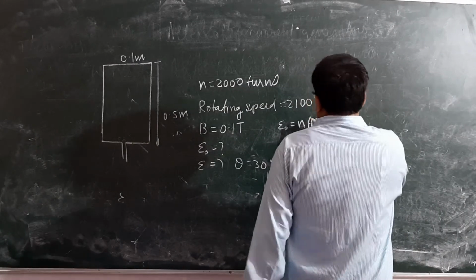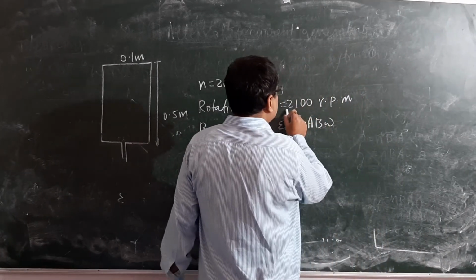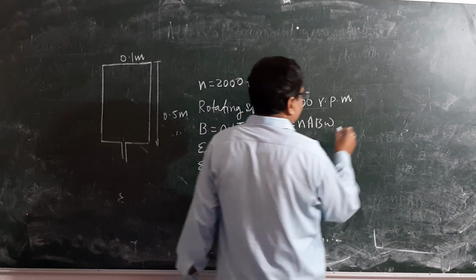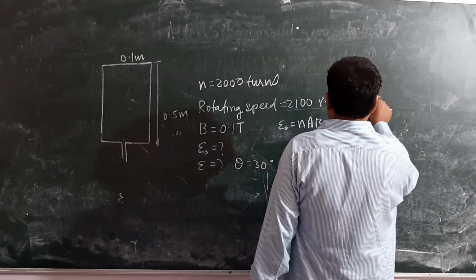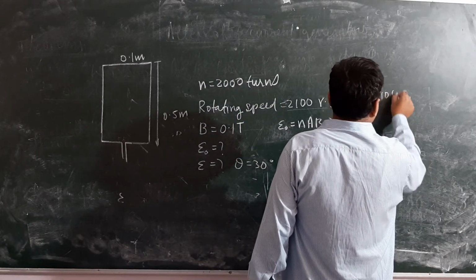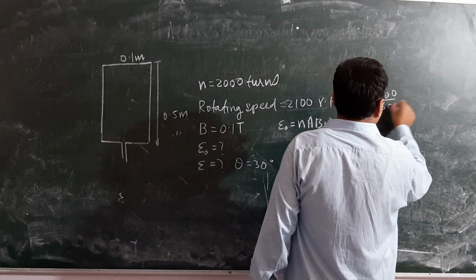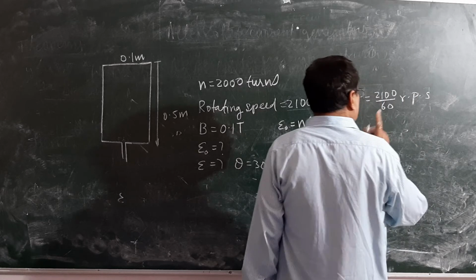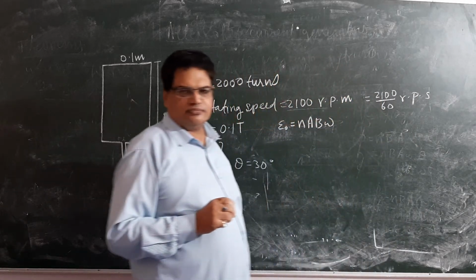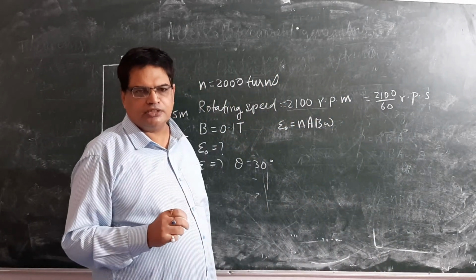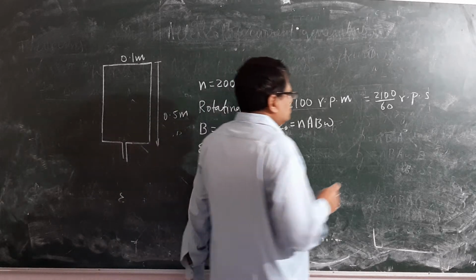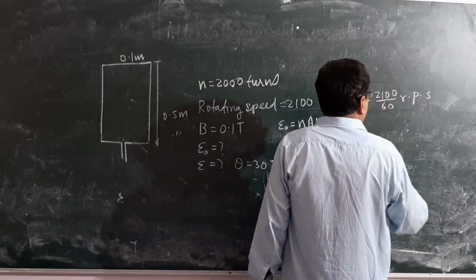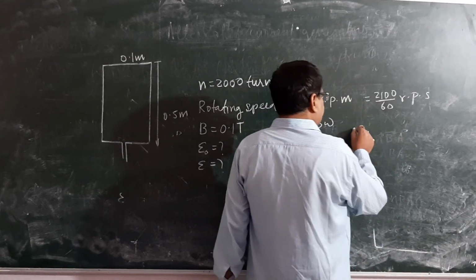So the rotating speed is 2100 RPM. So this can be written as 2100 divided by 60 revolutions per second. So we can find out what is omega.